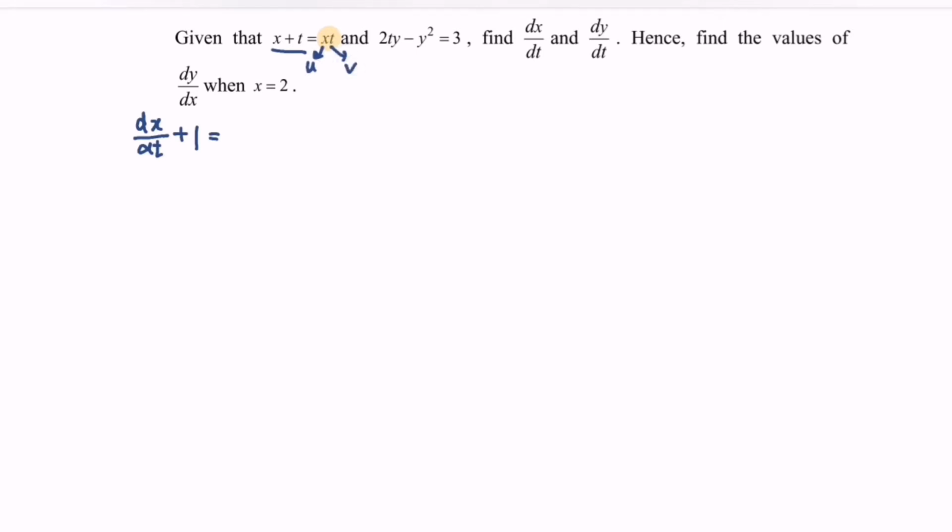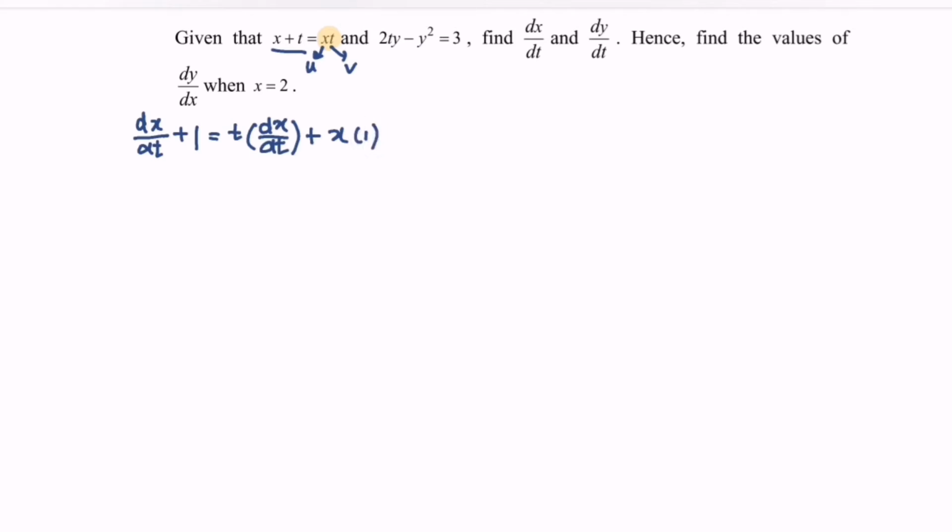By using the product rule, we have t differentiate the x, we will have dx/dt, because we are dealing with x and we differentiate with respect to t. If we meet the t, we differentiate it normally. Plus x differentiate the v, we have t, which will be 1.